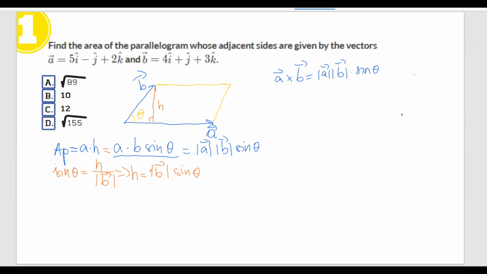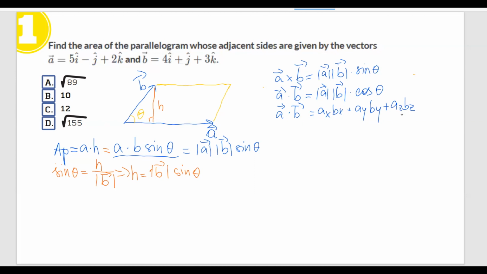So let's look here. We can easily calculate magnitude of A and magnitude of B. And then the only thing we don't know is sine theta. The way to calculate theta is by using the dot product. So you're going to use the dot product, which is magnitude of A times magnitude of B times cosine of theta. That's one way. And you also know that the dot product has the formula AX BX plus AY BY plus AZ BZ.